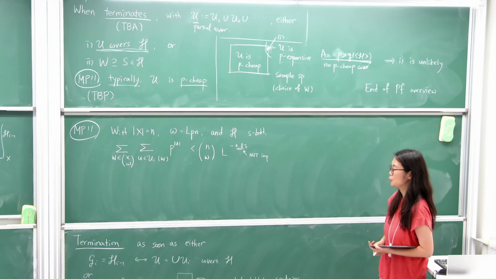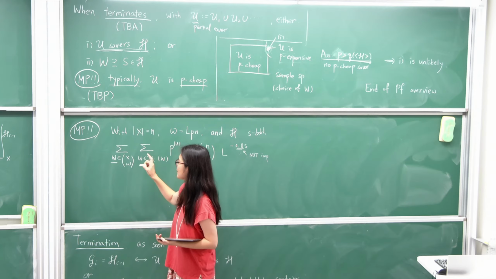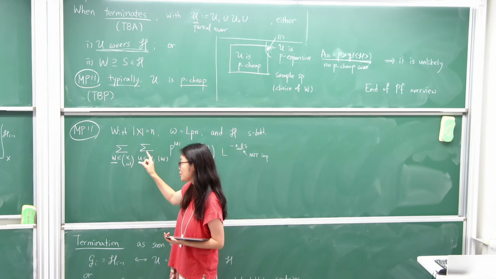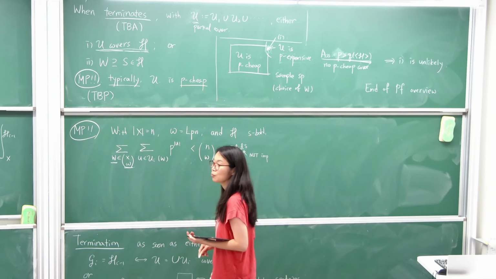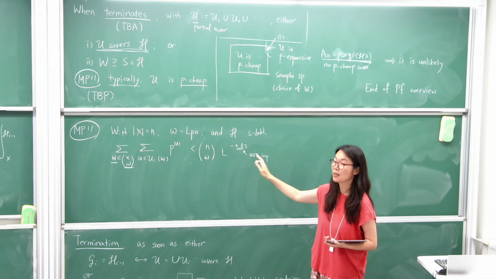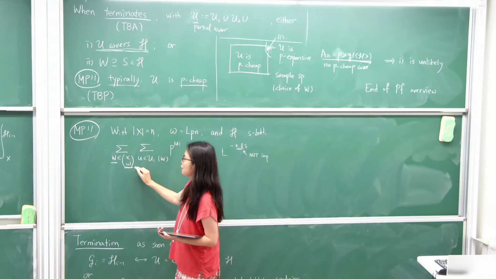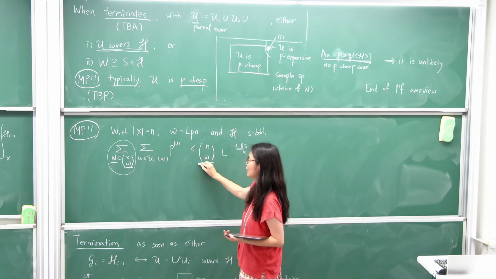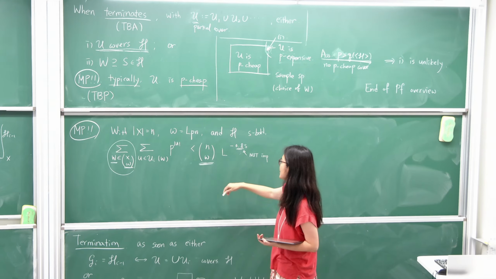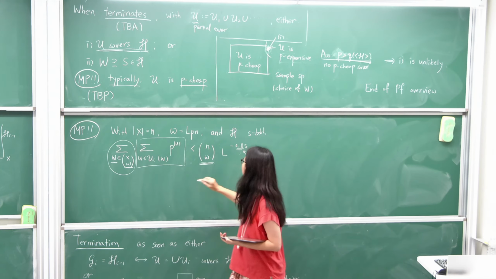Why is that true? W is a subset of X whose size is W, and this is why it's convenient to consider this size bound rather than the binomial choice of W. So the number of choices for W is exactly this. So basically this says that on average, the cost of our partial cover is this.